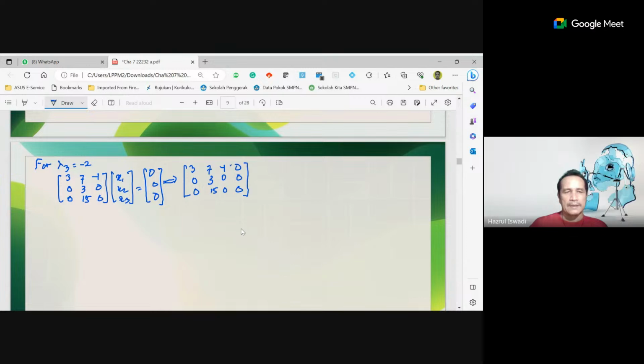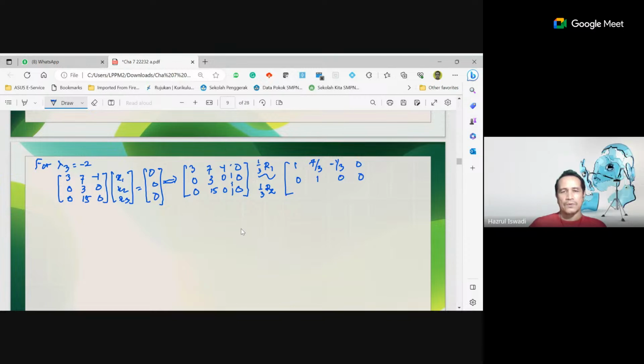So we do again this row operation on the matrix and divide row 1 by 3, 1 over 3 row 1, also 1 over 3 row 2. So we have 1 here, 1, 7 over 3, minus a third, 0, 0, 1, 0, 0. Okay.